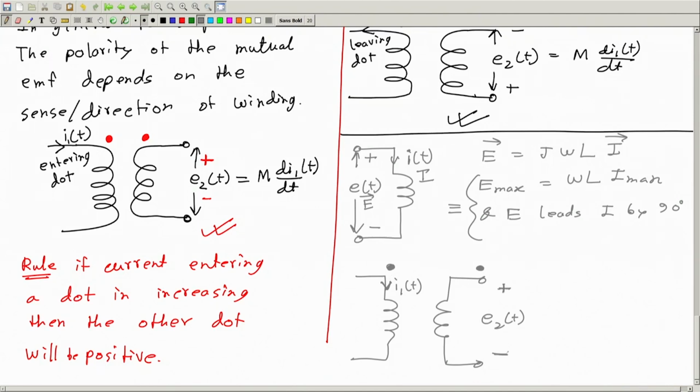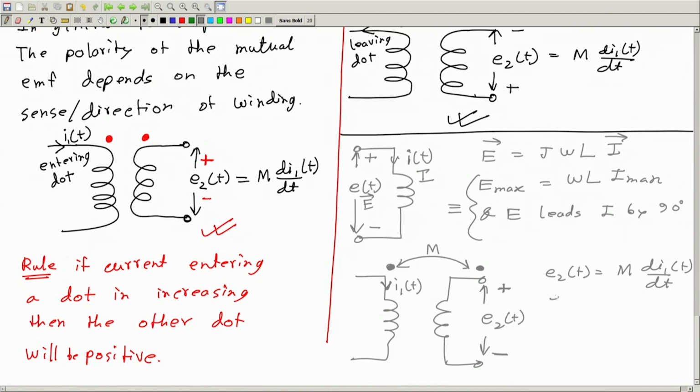Okay, so this is the EMF, and then the fact that e2(t) is equal to M di1/dt, and this is the mutual inductance. We can denote it like this.